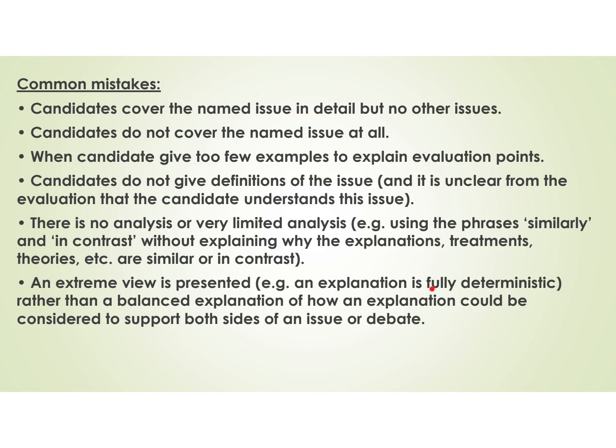An extreme view is presented. Example, an explanation is fully deterministic, rather than a balanced explanation of how an explanation could be considered to support both sides. Of course, yes, there might be some topics which might be only nature and not nurture, only deterministic, not free will. But if there is evidence to talk about both sides, then don't just mention one side.